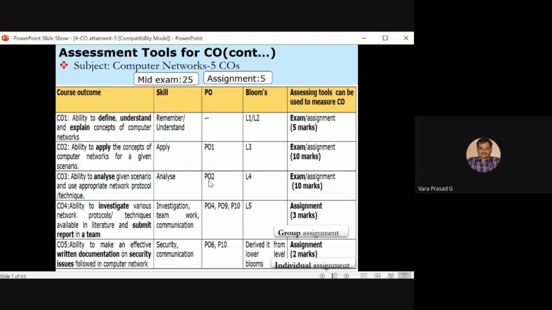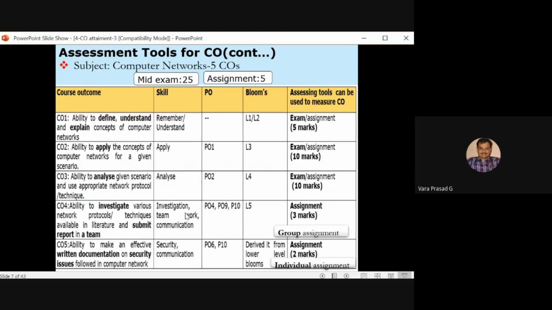It is mapped to PO2 and to L4. In either the theory exam or assignment, if you give any Bloom's level 4 questions, like analyze, estimate, differentiate, then you can map them to CO3.